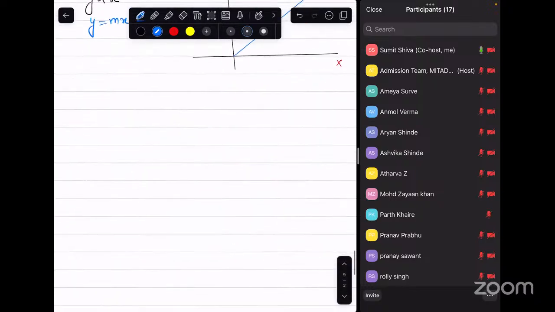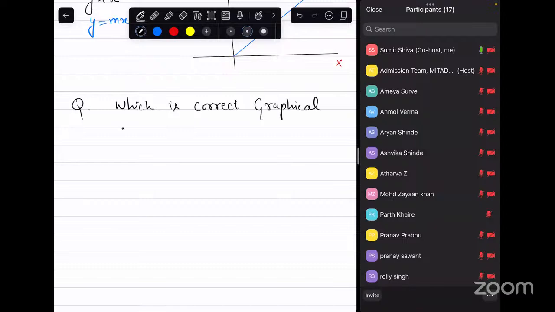So another question is, which is the correct graphical representation for Charles law?